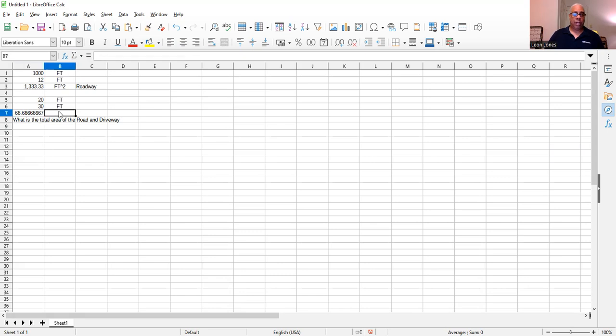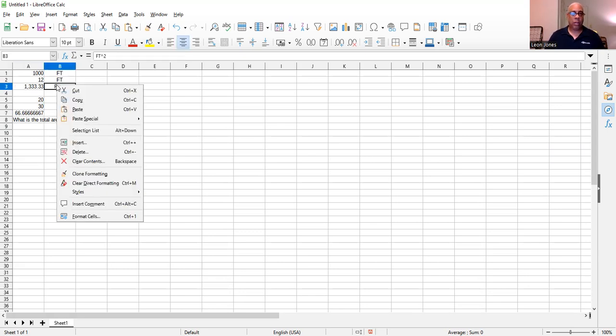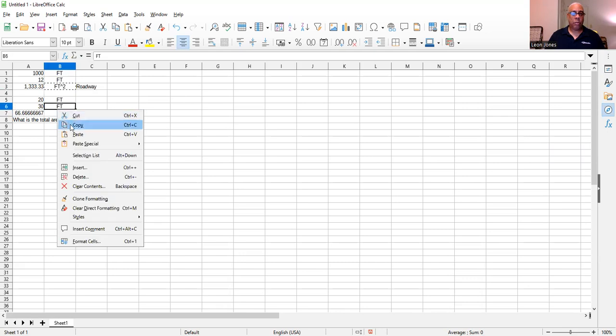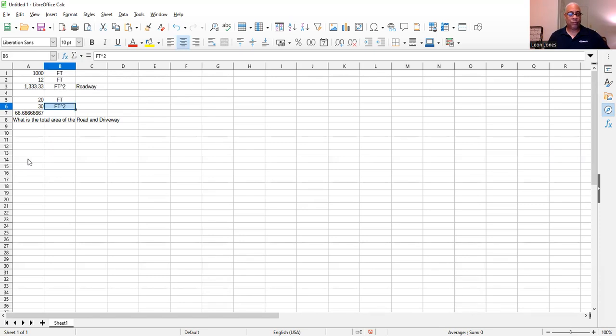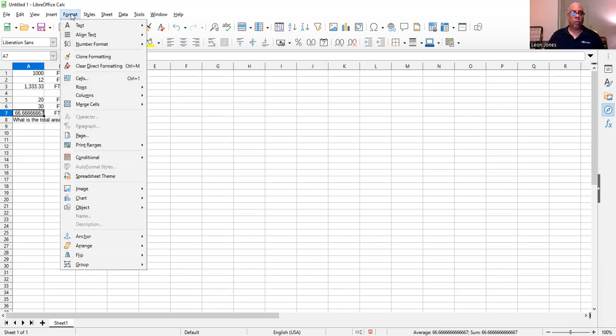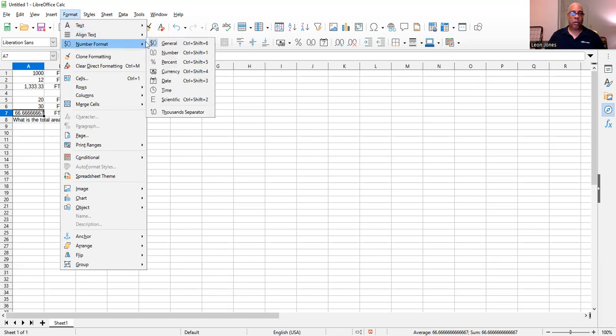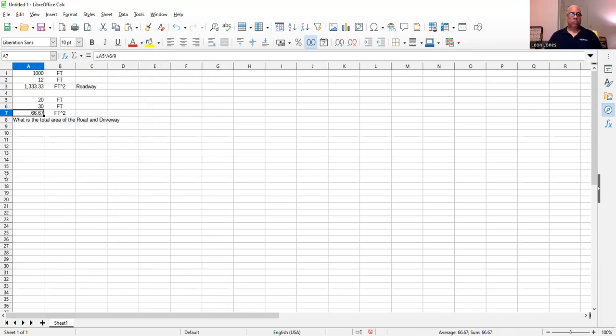And I'm going to copy this and paste it here. There you go. I'm going to get more into Excel because Excel is a very powerful program. I'm going to go format, number, and I have my 2 areas. This one's for the driveway.